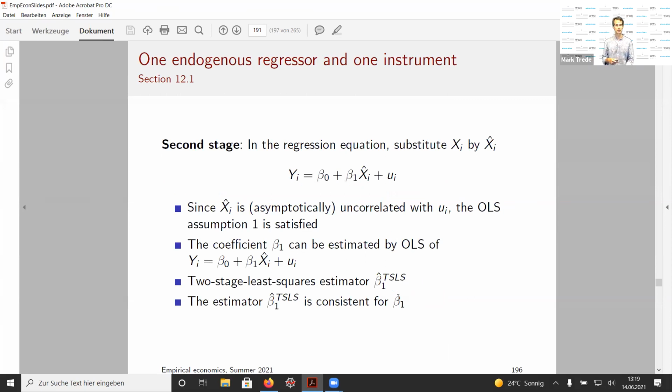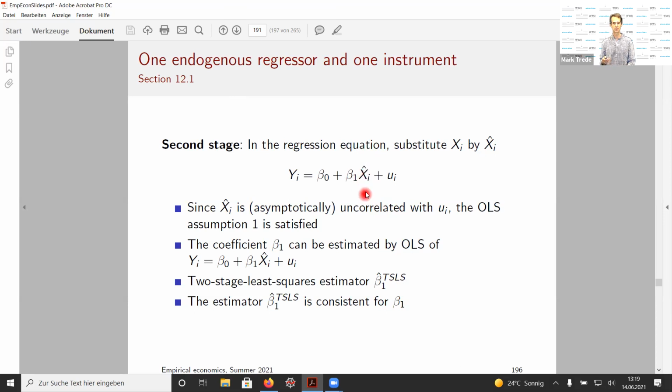So this is the first stage. We isolated the good component of X, the component which is correlated with the instrument, but which is not correlated with the error term. And since this component is not correlated with the error term, the bias problem just goes away. Okay? So we substitute the original regressors in the regression equation by their good component.